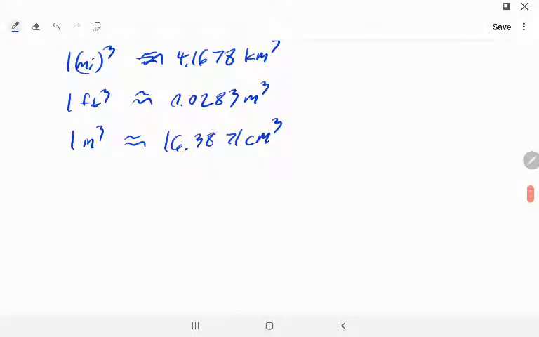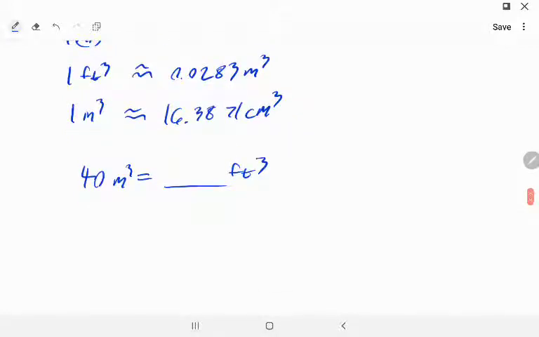If we wanted to convert 40 cubic meters to blank cubic feet, we would start with 40 cubic meters. We know that 0.0283 cubic meters matches up to 1 cubic foot.